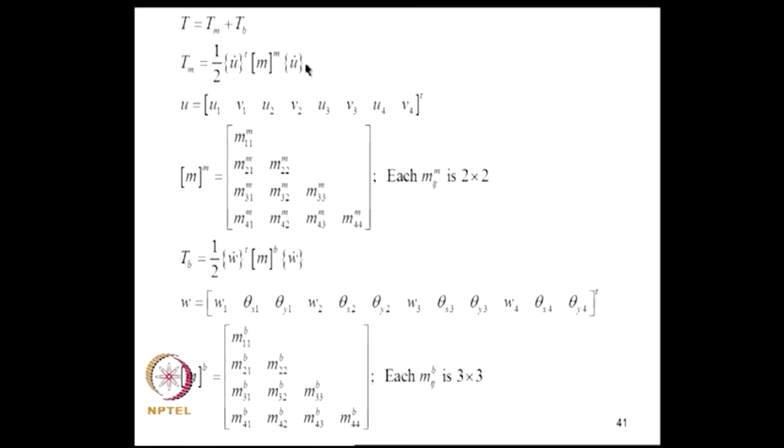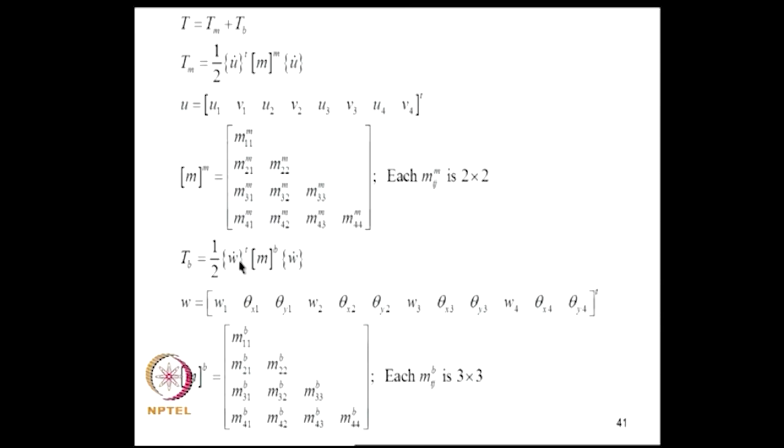The membrane action is given by this, and this is U1 V1, U2 V2, U3 V3, U4 V4, and I get this matrix for mass matrix for membrane action, where each of these sub matrices is a 2 by 2 matrix. This we have derived earlier, so we need not get into the details once again.